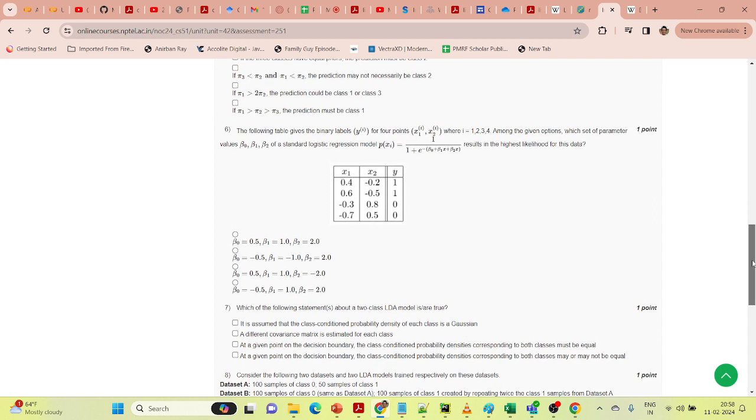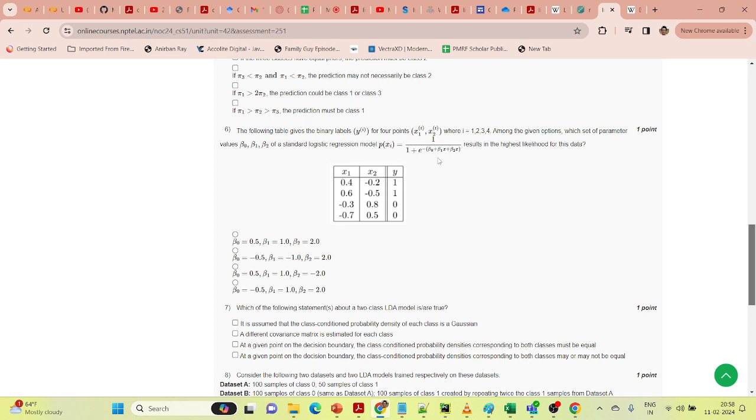Question 6: the logistic regression model returns results in the highest likelihood for this data. This is also not done exactly, but maybe you can do it yourself. As you can understand, these are given.